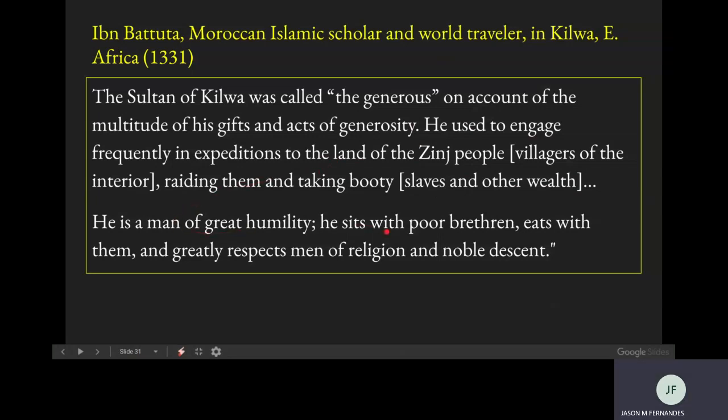He says he's a man of great humility, greatly respects men of religion and noble descent, right? So definitely can see the impact of Islam here. You can see the impact of these trade networks, which definitely is having a negative impact on the people of the interior, right? Who are being used to create wealth for people like the Sultan of Kilwa, right?